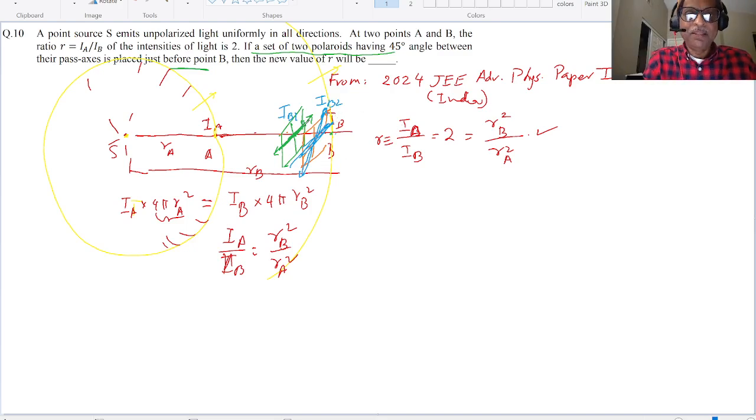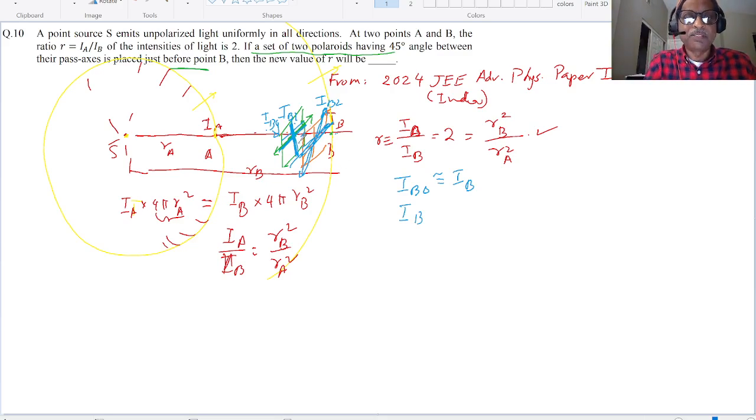Okay, so the light that's coming in over here, let's call that IB0. So IB0 is equal to IB. But when it goes through the polarizer, this intensity will become half, because you have two polarized directions, half the energy goes this way and half that way.